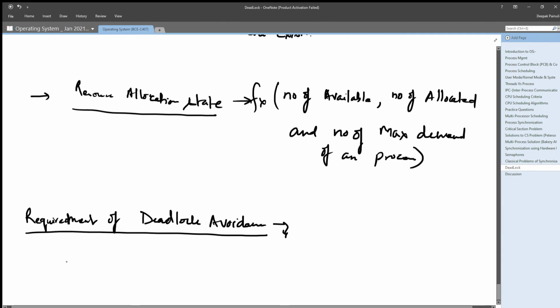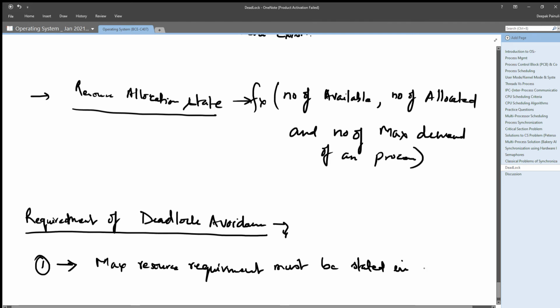For deadlock avoidance, the first requirement is that the maximum resource requirement must be stated in advance, right? This is the first requirement of deadlock avoidance.